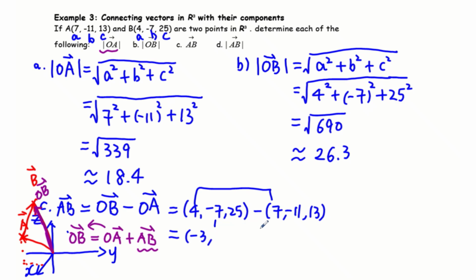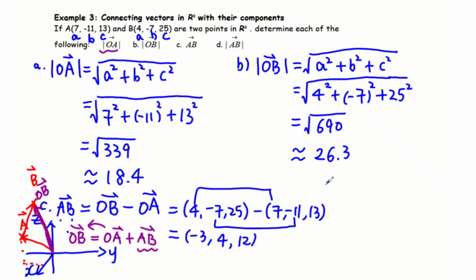Then in the y direction, -7 minus -11 is +11, which is 4. Then 25 minus 13 is 12. Then it's done. So this is AB. And how to find AB is just OB minus OA. The second letter minus the first letter.